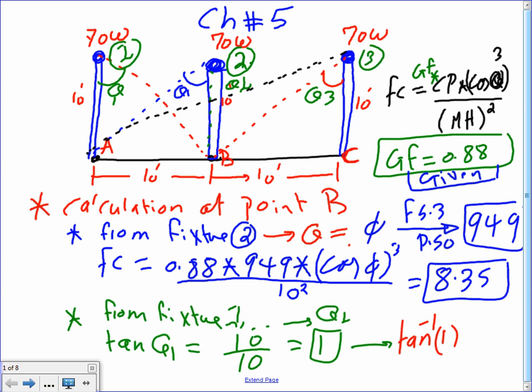What is the angle that has a tan of 1? You guys did trig, kind of? Tan inverse is the reverse function of tan. 45. Okay, absolutely. So tan inverse of 1 is 45 degrees.